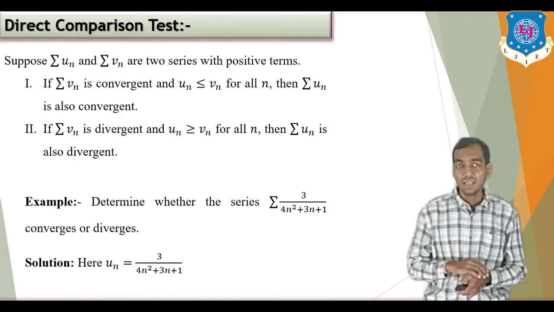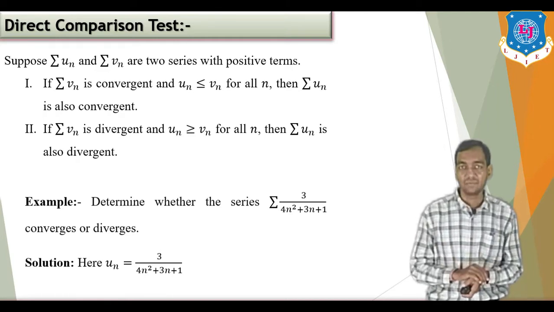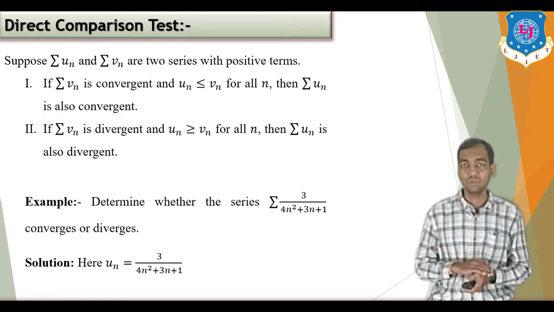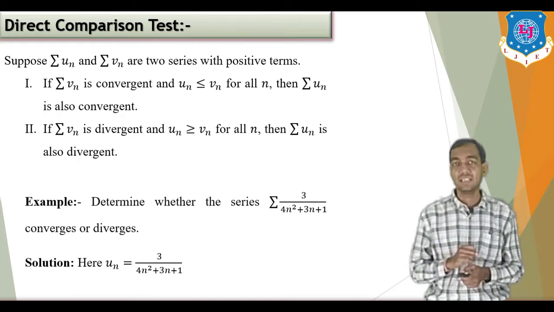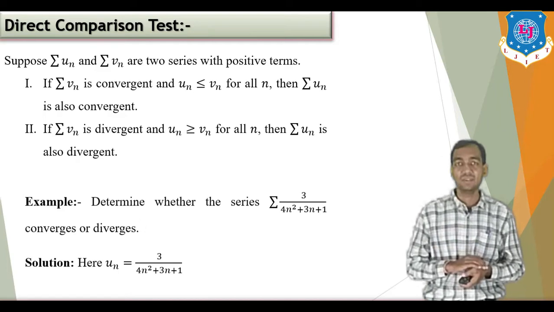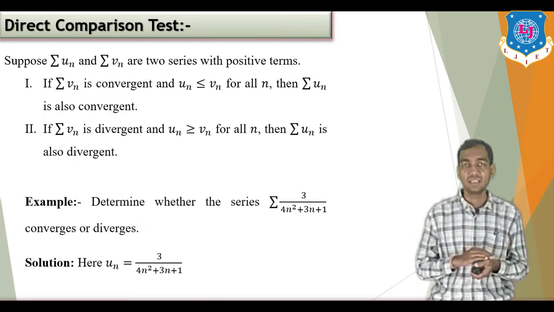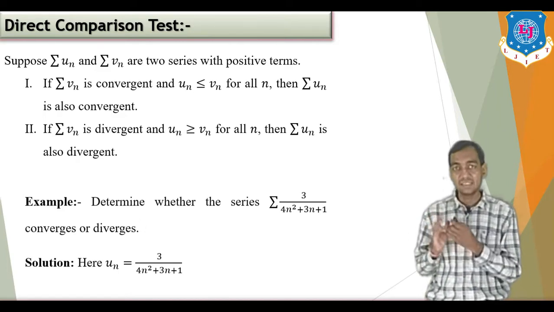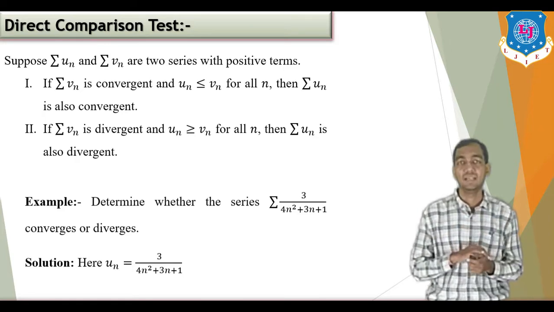Vice versa, if sigma vn is divergent and un is greater than or equal to vn, then the smaller series is divergent, then the bigger series is divergent. That means sigma vn is divergent, therefore sigma un is divergent.